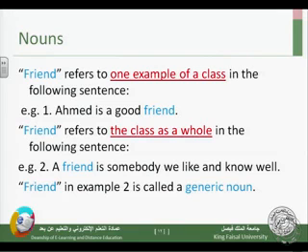So this refers to the whole class and not just one particular example of the class. Friend in example 2 is called a generic noun because it refers to a genre. A genre is a class or the whole class, and this is why we call it a generic noun.